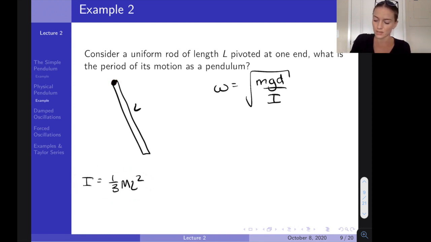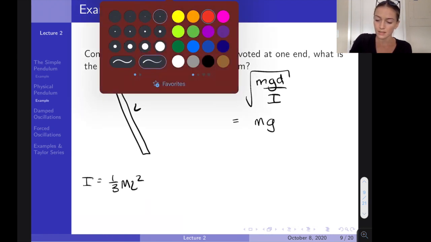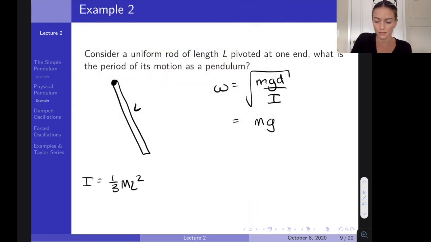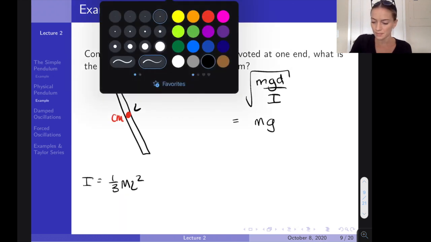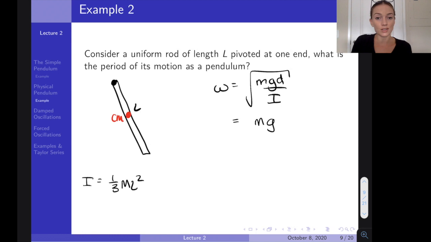So we can just plug that into our omega formula. We have whatever the mass is times gravity times d. Now here, d is the length from the pivot point to the center of mass. For a uniform rod, the center of mass is just straight in the middle. The center of gravity, same thing. So here, d is just L over 2, right?